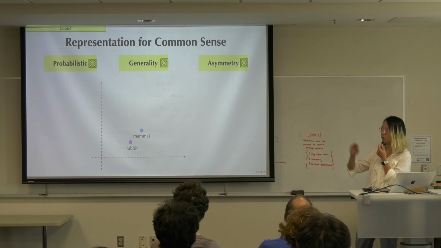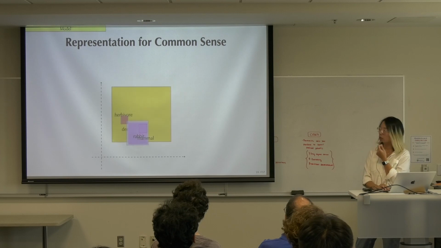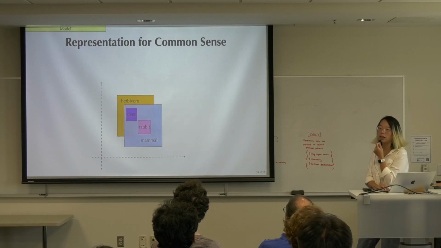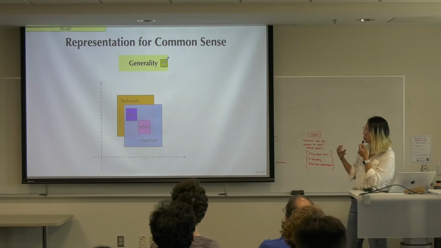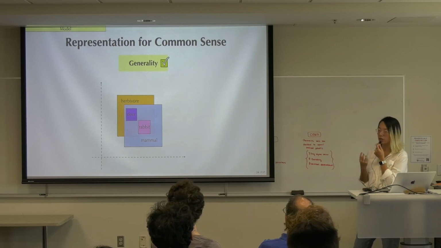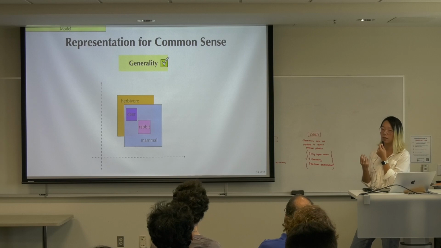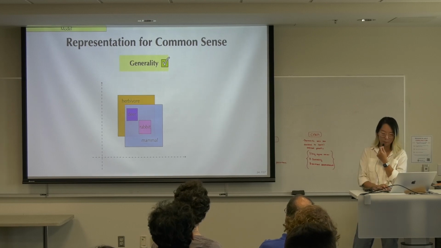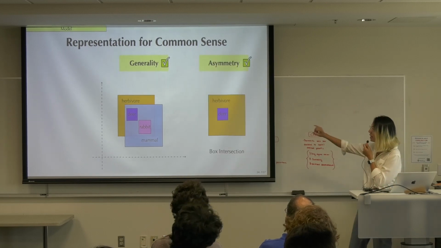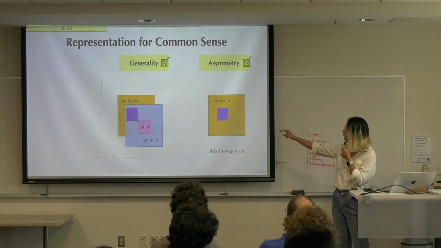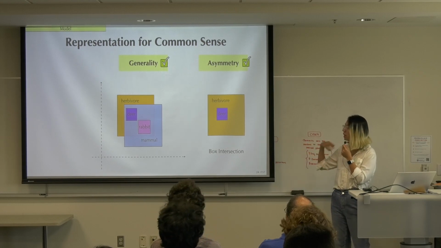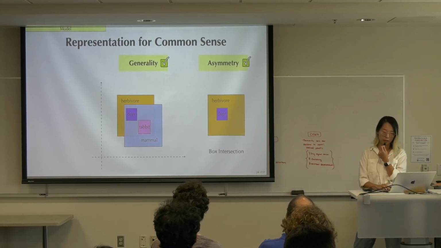So vectors don't really do all of these things, and that's why we developed box embeddings. In this case, the generality of a concept is represented by how big your box is. And then the asymmetric relationships can simply be converted into the intersection between boxes.